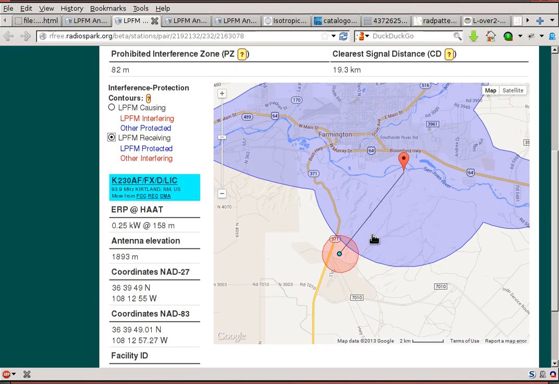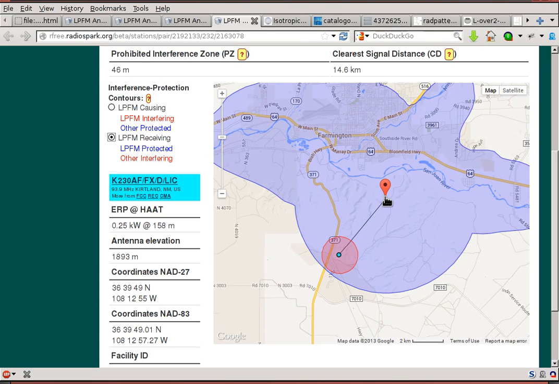So this is the relationship. One of the ways that I said that you can reduce the prohibited zone is to move your antenna closer to the other station. And I'm going to do that. Actually, I've already done it in advance so that we can see the results quickly. Here on this screen, the prohibited zone is 82 meters, same as on the other page. And when you move it closer, here's what you get. You see how that's closer?